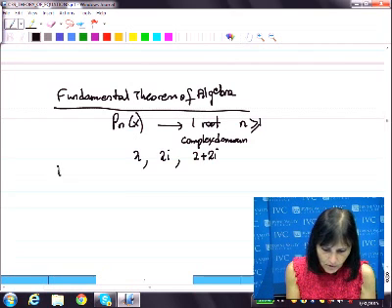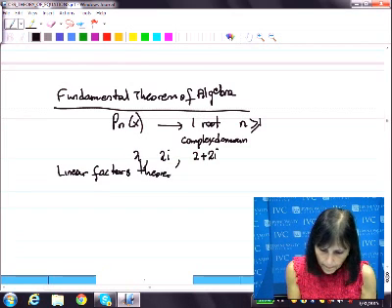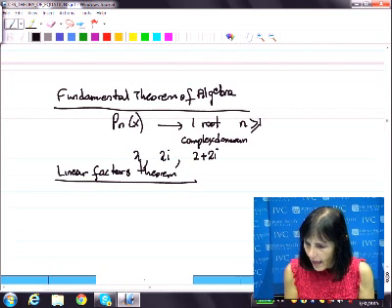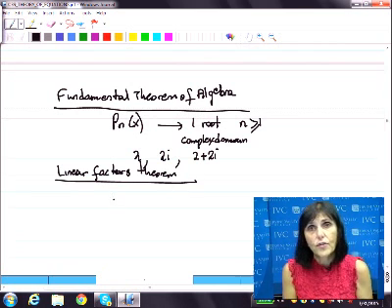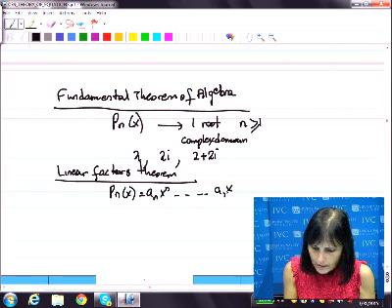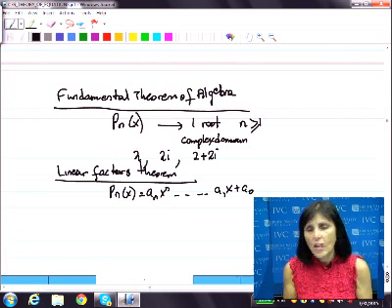We did that in the previous video. Linear factors theorem: how does that work? Again, you have a P_n of x with a leading coefficient of a_n, so a_n x to the n, all the way down to a_1 x plus a_0, and a_n is not 0.